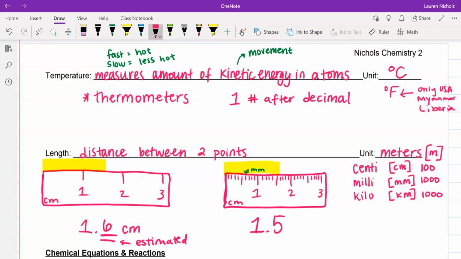Because I know for certain 1.5 and I have to have an estimated digit. I could say 1.51, but because I think it might be close to 1.6, I'm going to say 1.59 centimeters. And so this 9 would be our estimated digit.